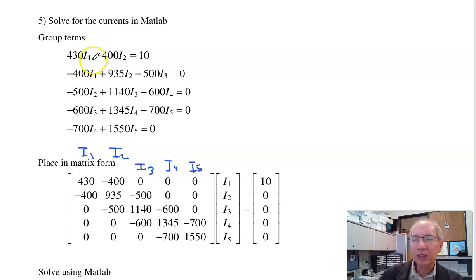The first equation says 430 I1 minus 400 I2 is 10. Second equation, minus 400 I1 plus 935 I2 minus 500 I3 equals 0, and so on.